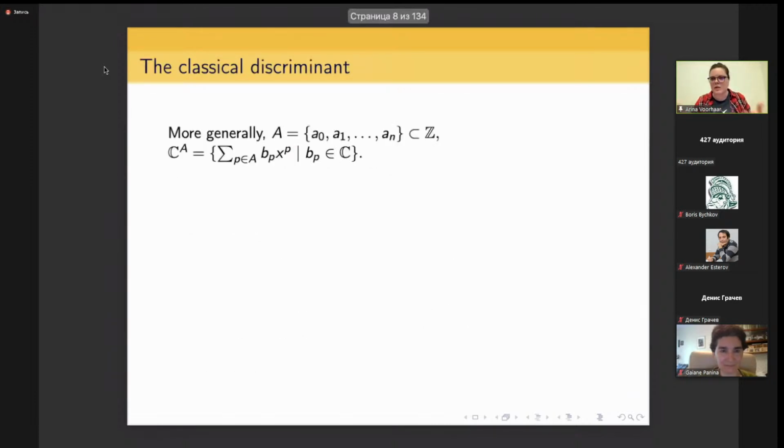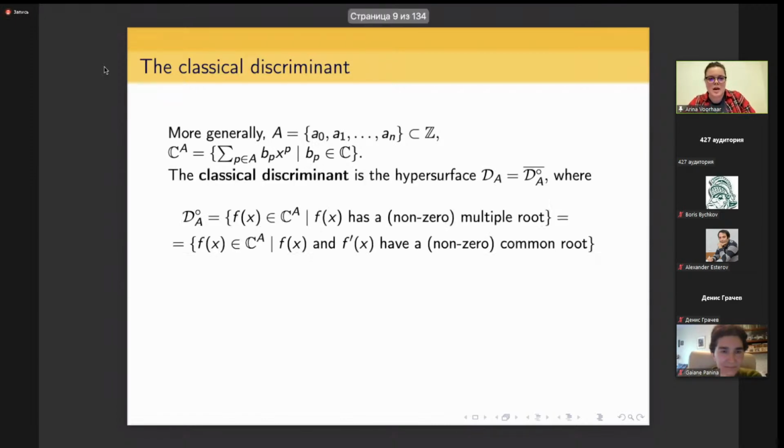We can speak of that more generally. We can consider an arbitrary set A in Z and consider the space of all polynomials such that the degrees of the monomials are in the set A. Then we can ask what is the hypersurface containing all polynomials that have a non-zero multiple root?